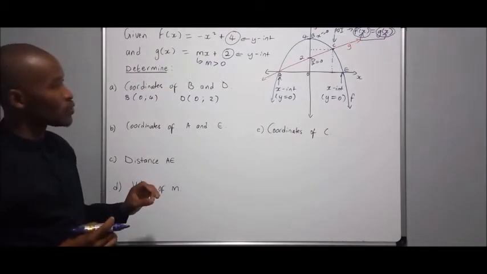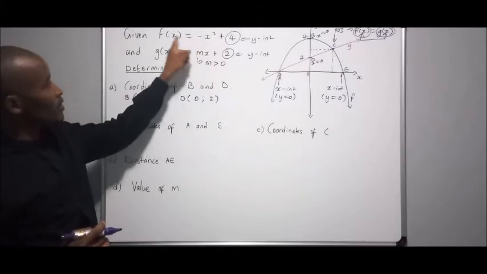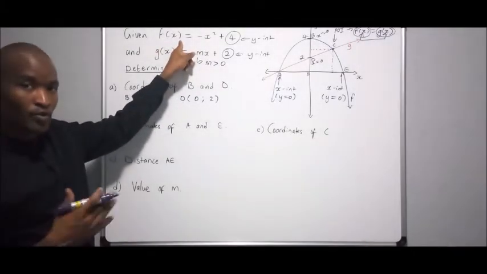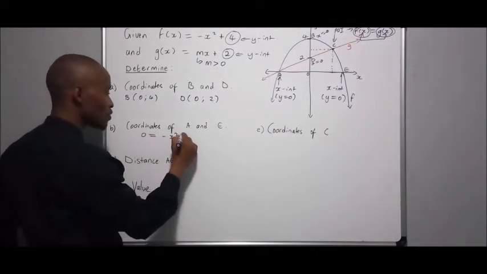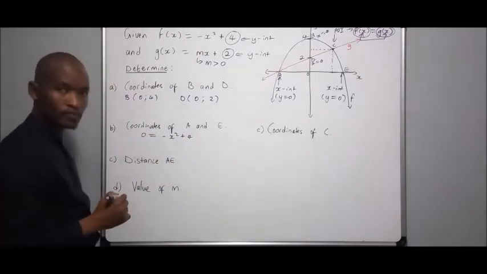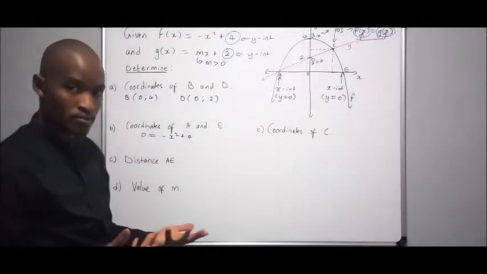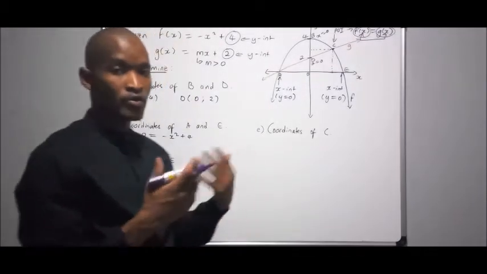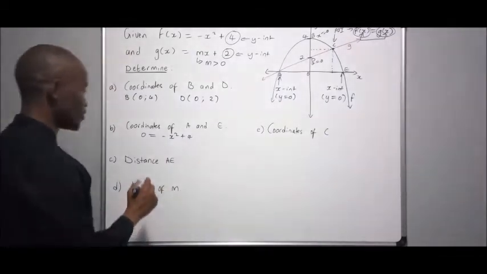So in other words, we want to solve for x, and this y here is 0. I'm going to produce a simple algebraic equation: 0 is equal to negative x squared plus 4. What you can do is to factorize, fix the signs and produce a difference of two squares, or transpose the negative x squared and take square roots both sides. It's up to you how you want to do it.